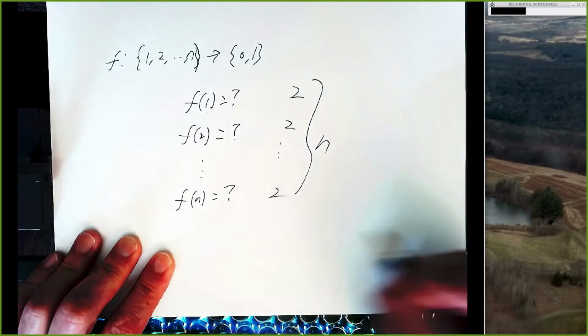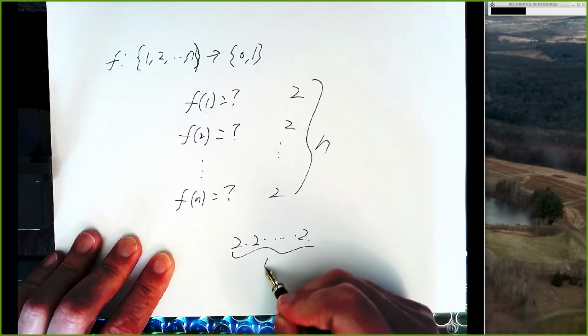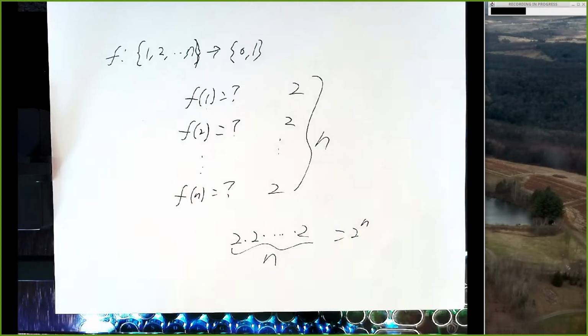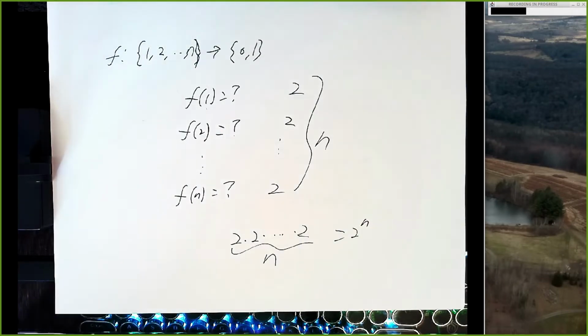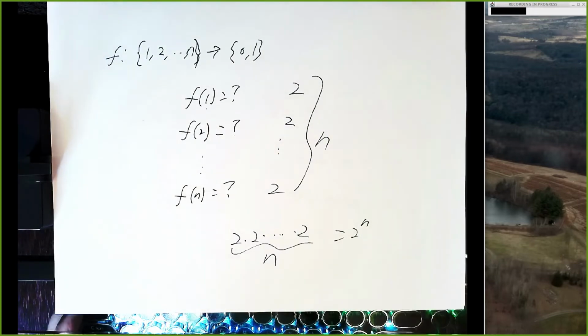I have n of these, and so I have 2 multiplied by itself n times is 2 to the n. That's how many functions there are. And that's a good old 250 flashback.